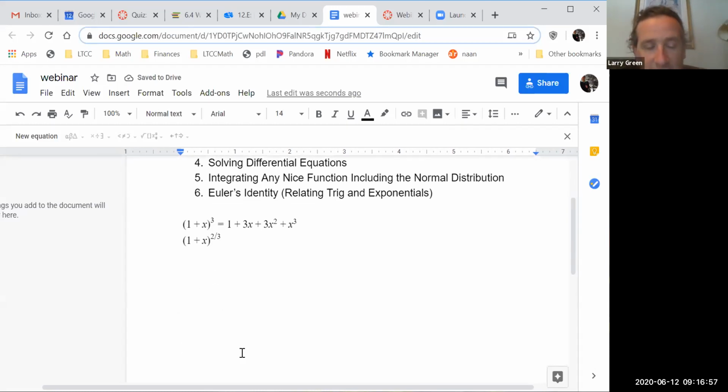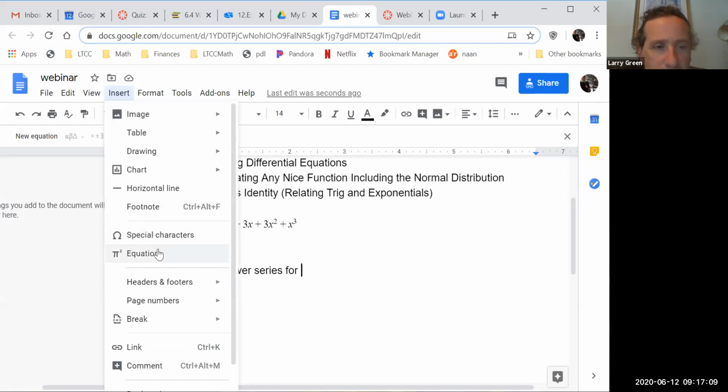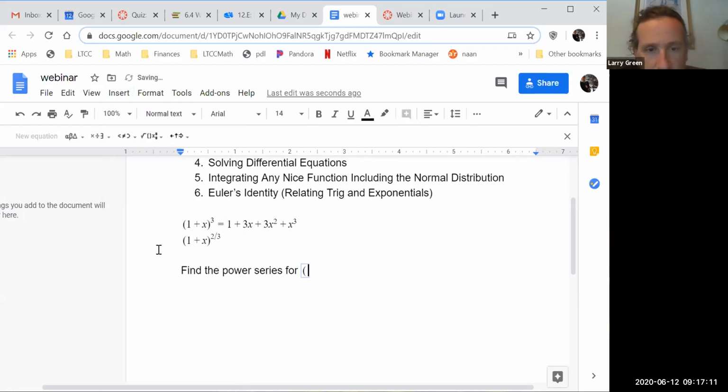So let's find the power series for, and what I'm going to do is make an equation out of it. 1 plus x to the r, where r is some power.